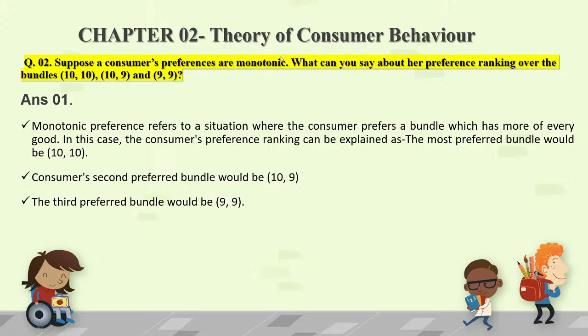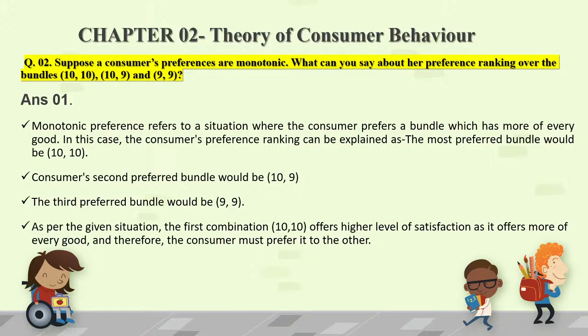As you can see here, the first bundle has 10 units of the first good and 10 units of the second good. The second bundle has 10 units of the first good but one lesser unit of the second good, which is 9, and in the third bundle both the units are lesser as compared to the first and second bundle. So there are 9 units of the first good and again 9 units of the second good.